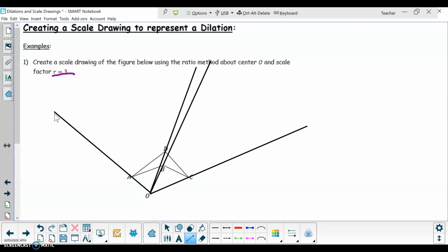So again, we take the center and we connect it to each vertex, and we're going to draw a line nice and long.